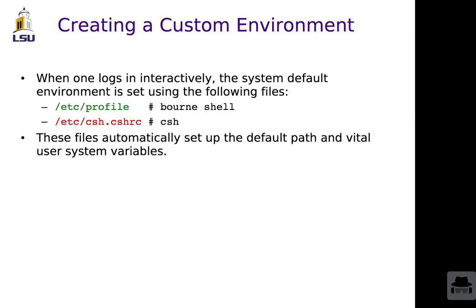Okay, creating a custom environment. I mentioned that if you use export or setenv in C shell, the global variable you set will go away after you kill the interactive session. You can create your own environment that is available any time you log in or open up a shell. And in Bourne shell, and I say Bourne shell here, that's the original Bourne shell, so sh rather than bash.